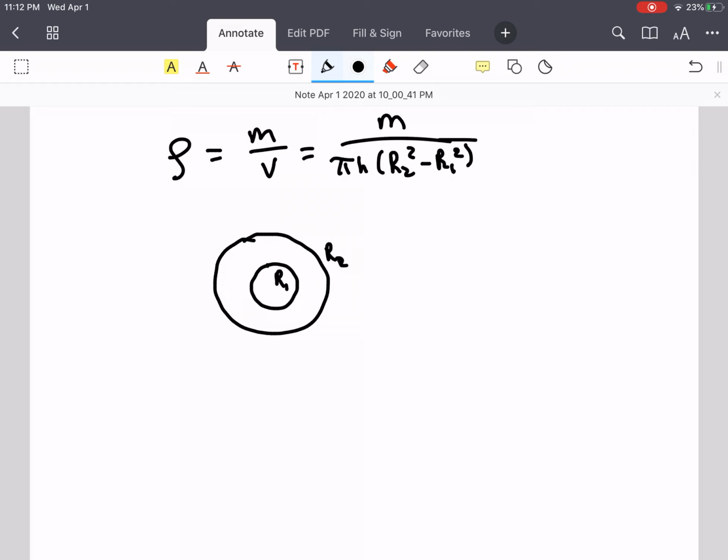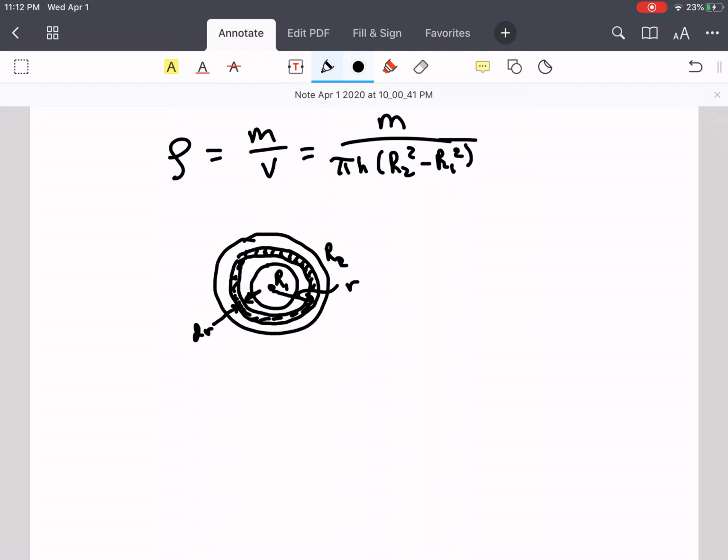And the way I'm going to break this up is into little slices at radius r, lowercase r, and of width dr. So it will be the entire cylinder. We'll break it up into little slivers of width dr, and the distance away from the center will be just little r.